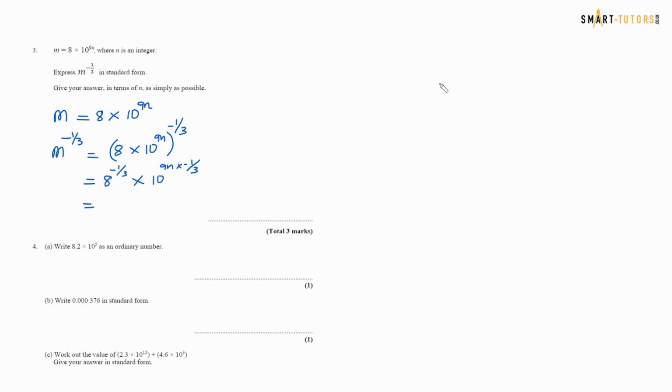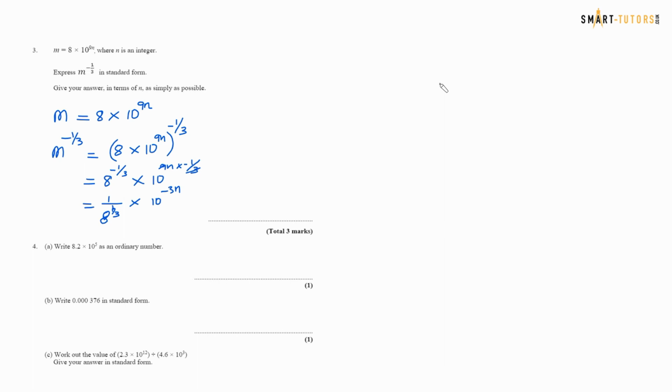So 8 to the power minus 1/3 you can write as 1 over 8 to the power 1/3, to make the negative power positive. Times 10 to the power, the 3 cancels out with the 9, so it is minus 3n.